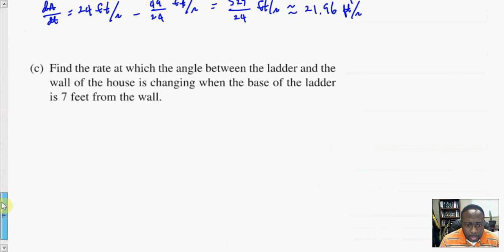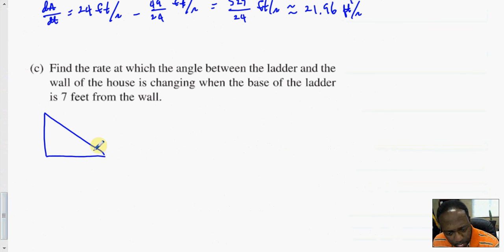Part C, find the rate at which the angle between the ladder and the wall of the house is changing when the base of the ladder is 7 feet from the wall. So we have this right triangle. Let's claim this to be theta. That's the angle that we're looking for. Here, the base is 7 feet.